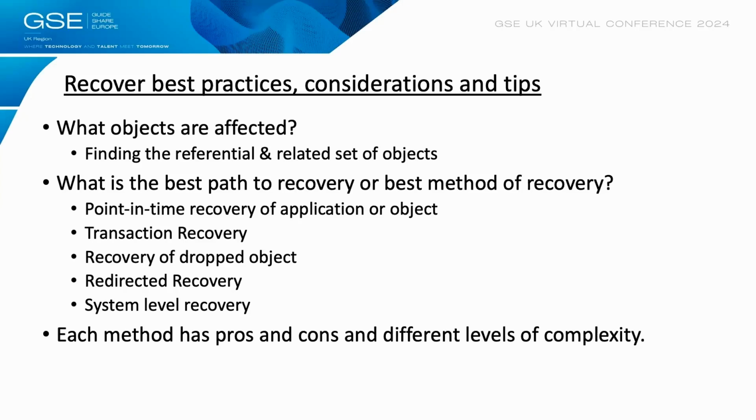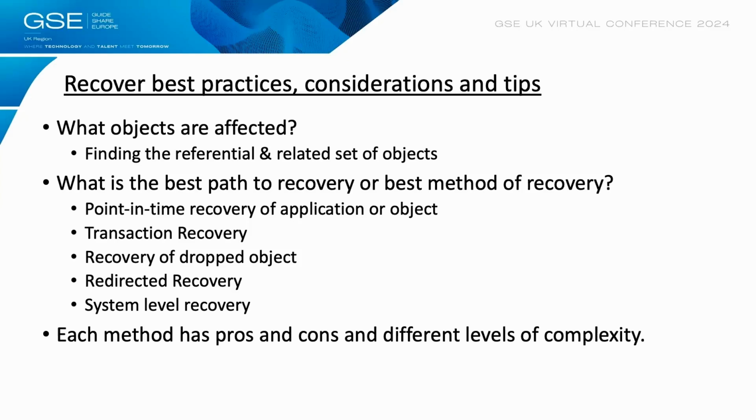Recovery of a dropped object. There's many ways of doing this, and there's a lot more being stored inside the Db2 log as well to allow that recovery. Redirected recovery, Db2 version 12, I think. I'm pretty sure it's 12.